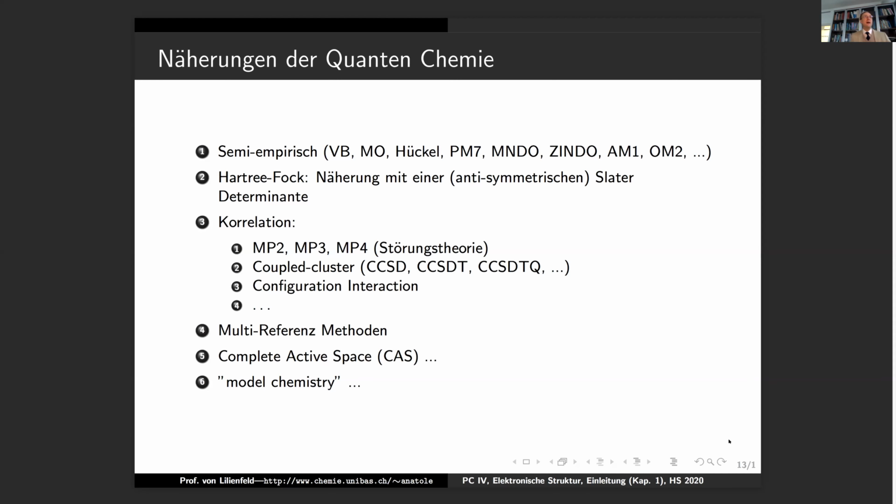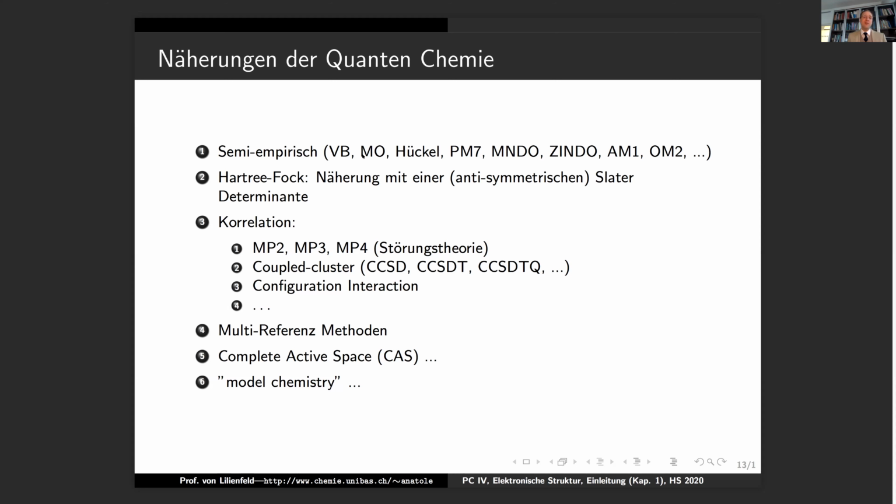And so I've listed them for you in the field of what's known as quantum chemistry. So there are semi-empirical methods. These include the valence bond theory, molecular orbital theory, which you should be using already also in your general chemistry and your inorganic and organic chemistry classes.